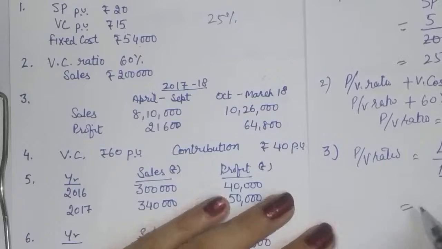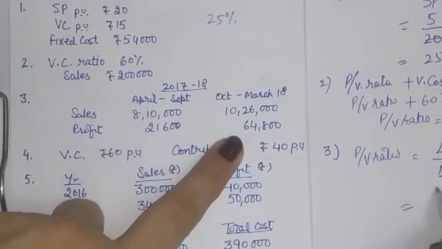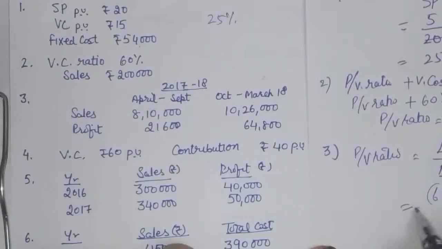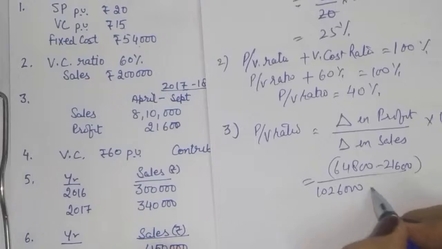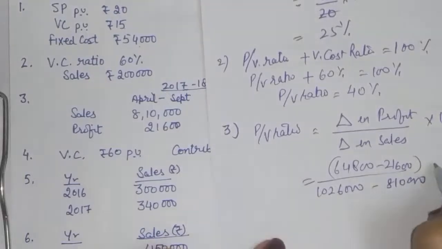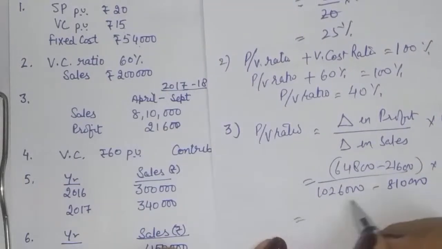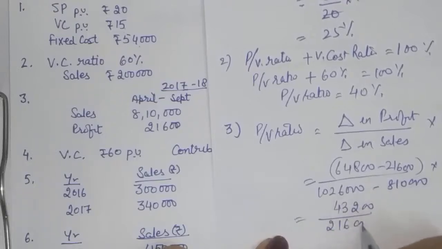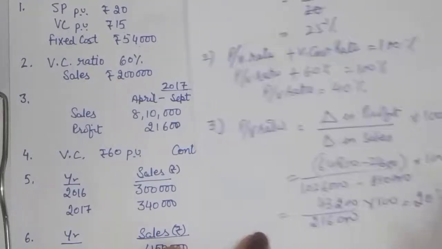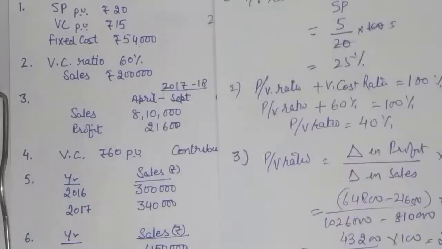So here in this case, change in profit is 64,800 minus 21,600 upon change in sale, which is 10,26,000 minus 8,10,000. So that gives you 20% of PV ratio, right?